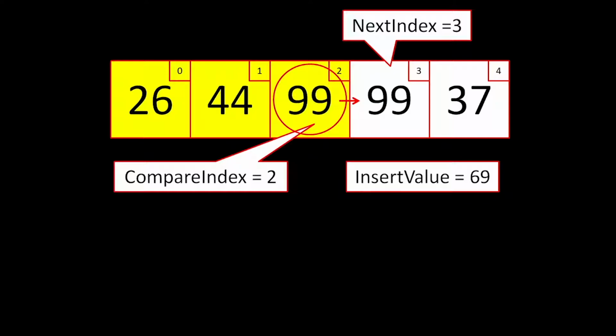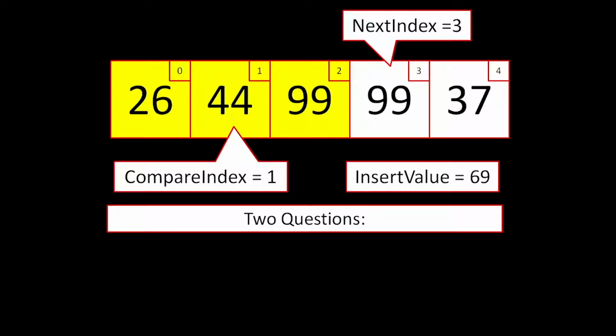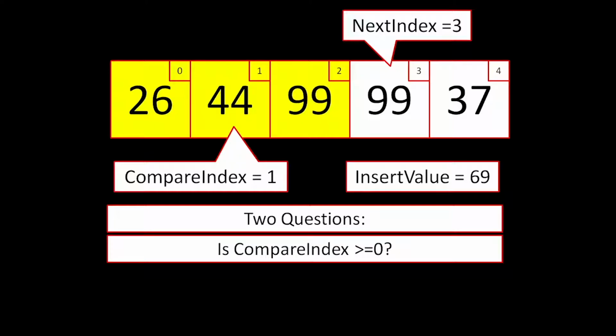Next, we will decrease the value of compare index by 1. Compare index is equal to 1. We will repeat our two questions. Is compare index greater than or equal to 0? Here, compare index is equal to 1, and it is greater than 0. So the answer to this question is yes.